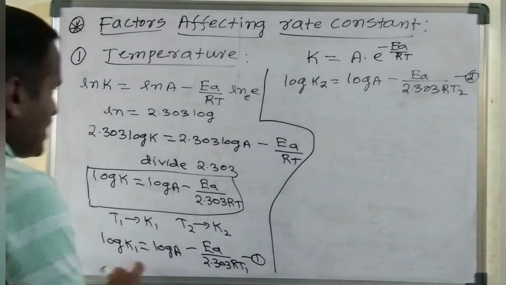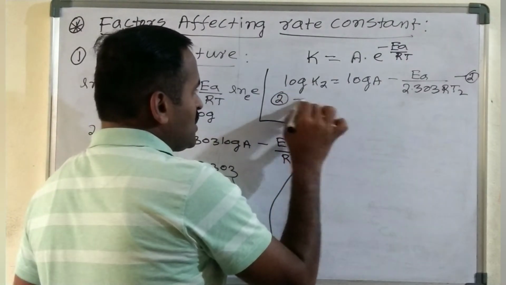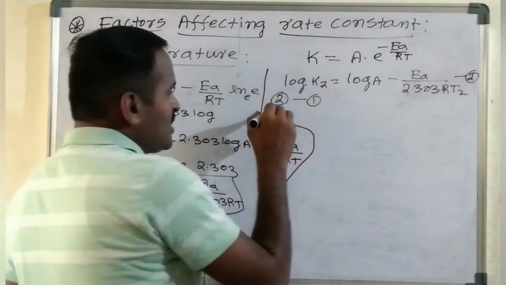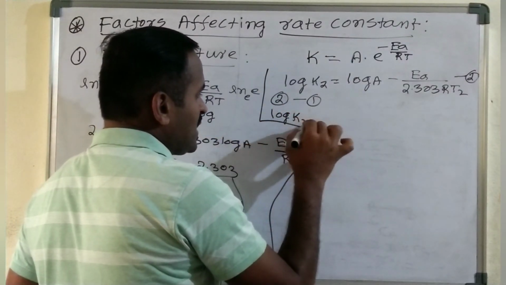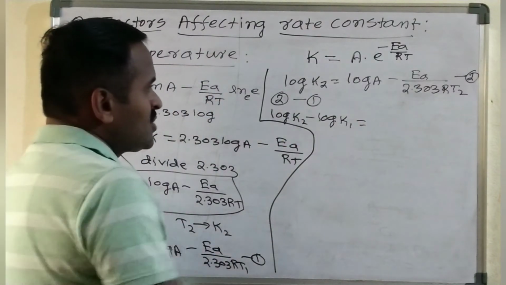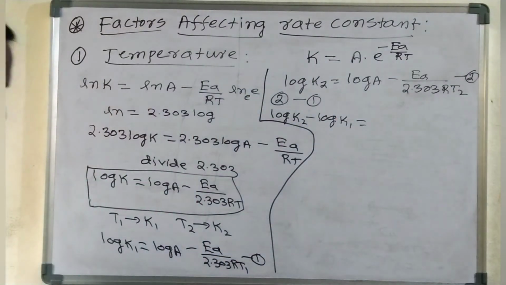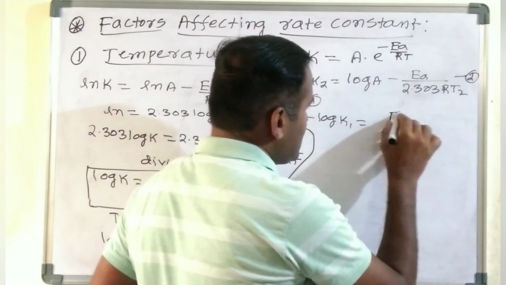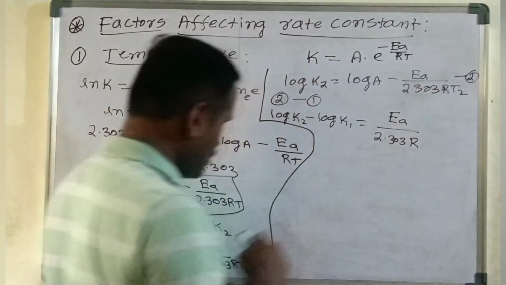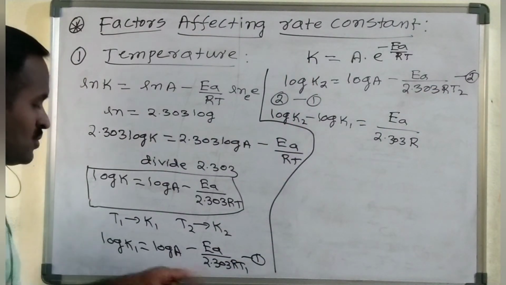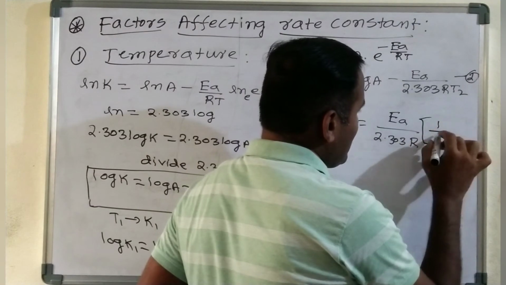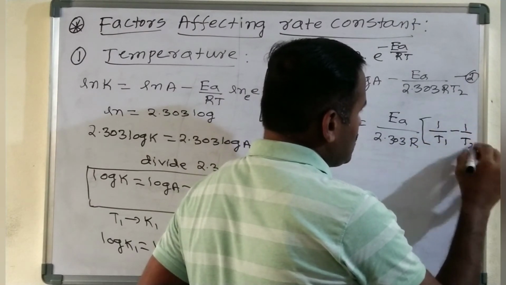Now do equation 2 minus equation 1. On the left-hand side you get log k2 - log k1, and log A and log A cancel. On the right side, Ea/(2.303 R) is common in both, so I can write it as (1/T1 - 1/T2).